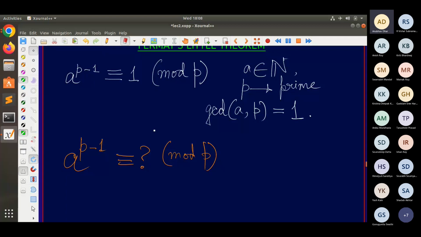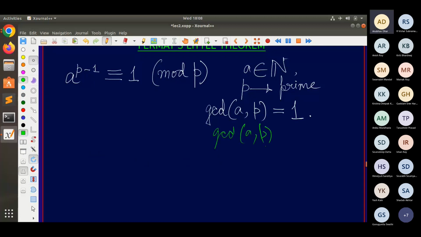Okay, I'll maybe tell you. p is a prime, right? So that means that if GCD(a, p) is not equal to 1, then a is a multiple of p.